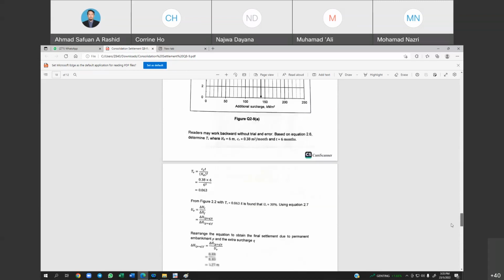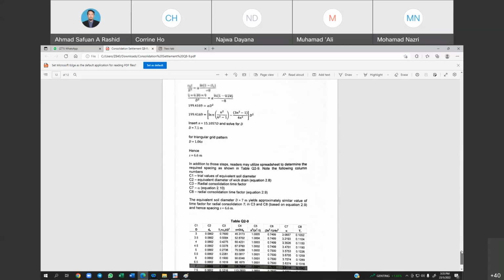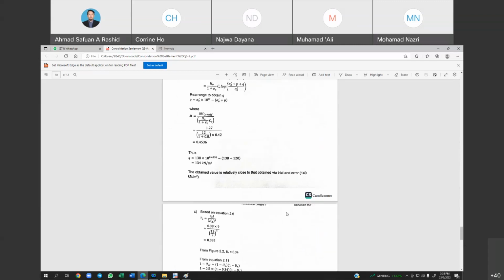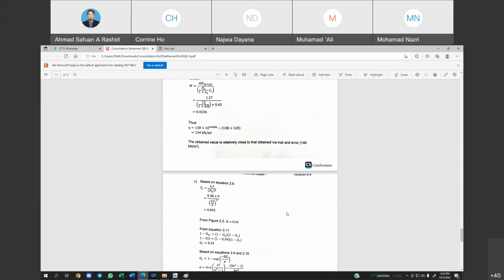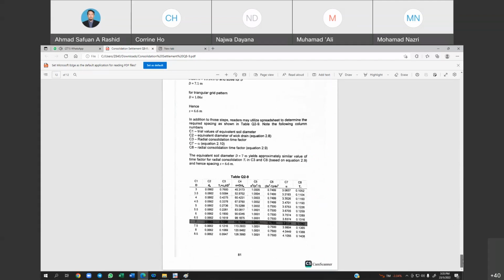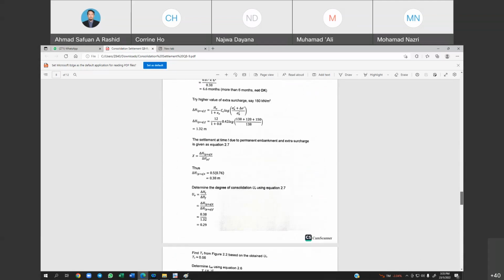Yang ni awak tak belajar, ini adalah vertical drain, ataupun PVD, prefabricated vertical drain. Saya rasa yang ni awak tak belajar, so yang ni perlu diabaikan. For the C, sebab saya pun tak terang kot untuk C ni.